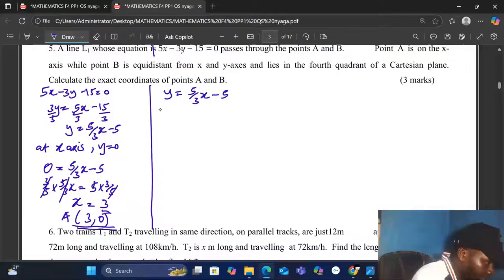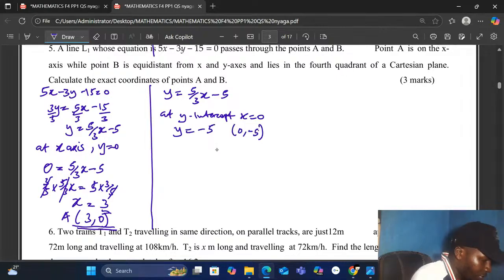So at y axis, x is equal to 0. So where we have x, we replace with 0. Therefore y will be equal to negative, and we have 0 y. So we have 0, negative 5.